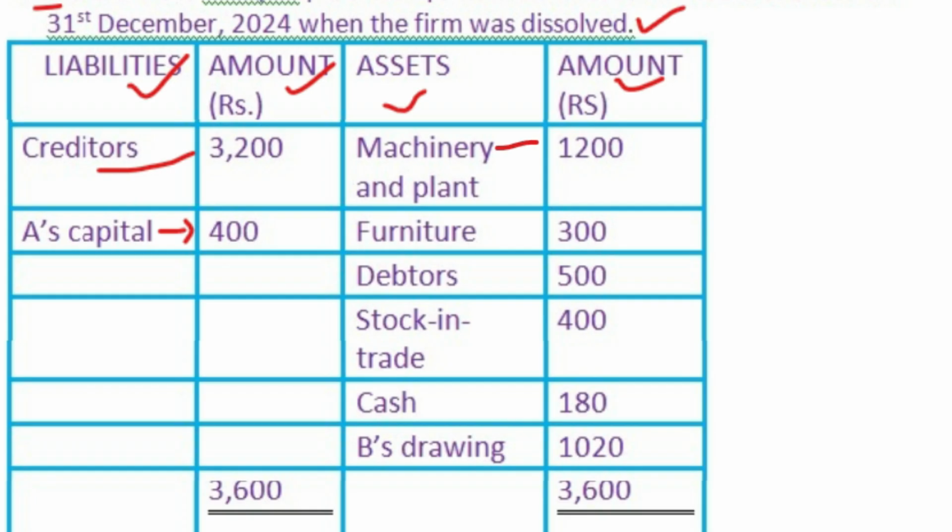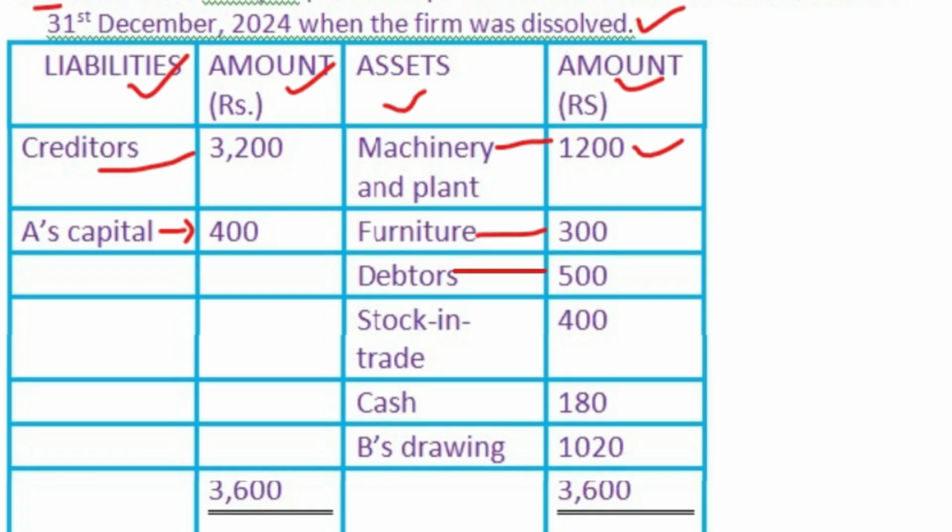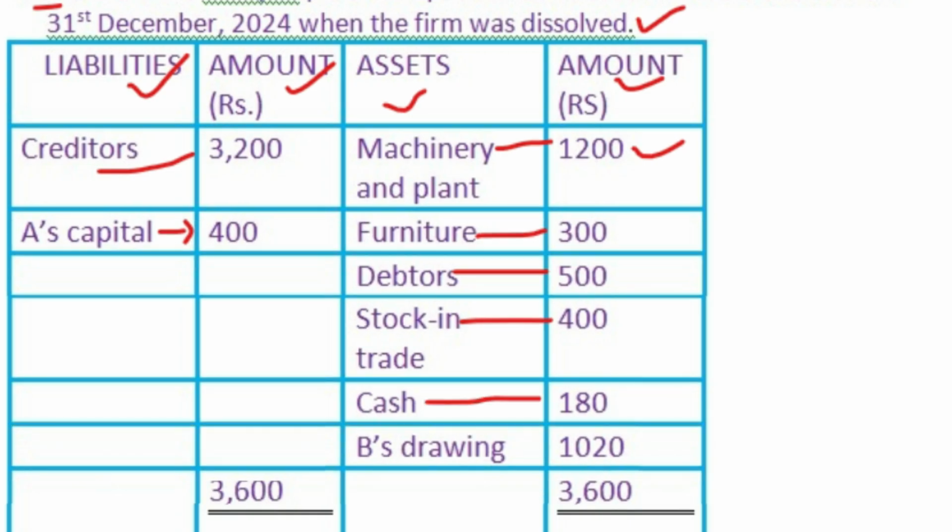On the assets side: machinery and plant 1,200 rupees, furniture 300, debtors 500, stock in trade 400, cash balance in the business only 180, and the debit balance of B's capital account or drawings 1,020 rupees. This is the balance sheet.